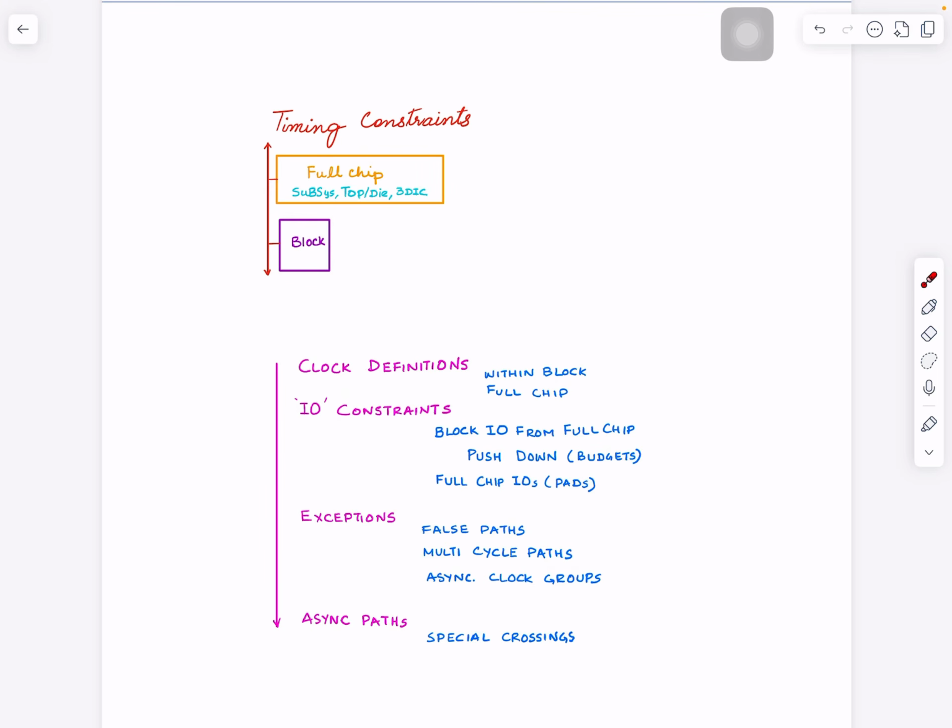So, for example, when I start with clock definitions, in the one clock definition, and then when you have generated clock definitions, then you can have slow to fast, fast to slow type of paths. Actually, that comes into exceptions, but those clock definitions we can look into from block level and from full chip.